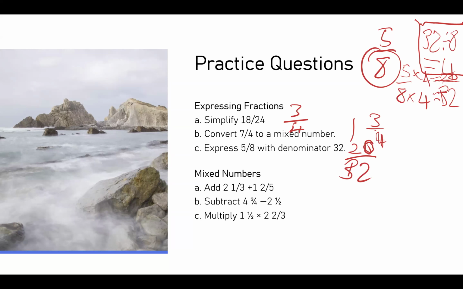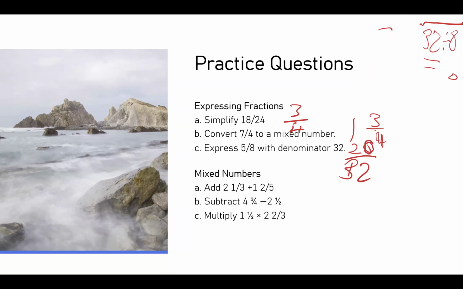Add 2 and 1/3 to 1 and 2/5. The way I would do this is make each into an improper fraction.